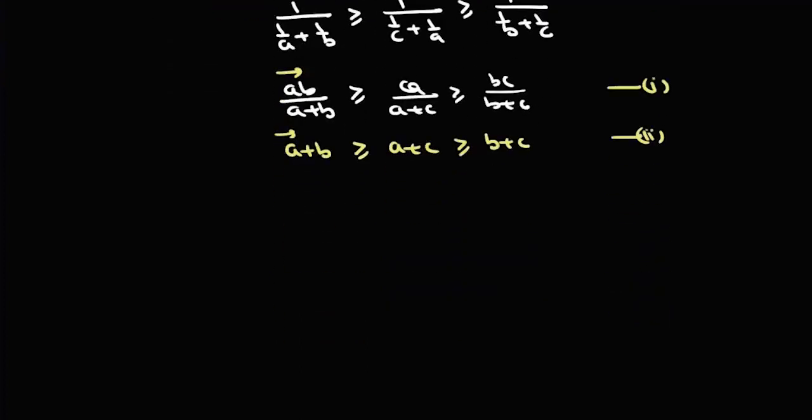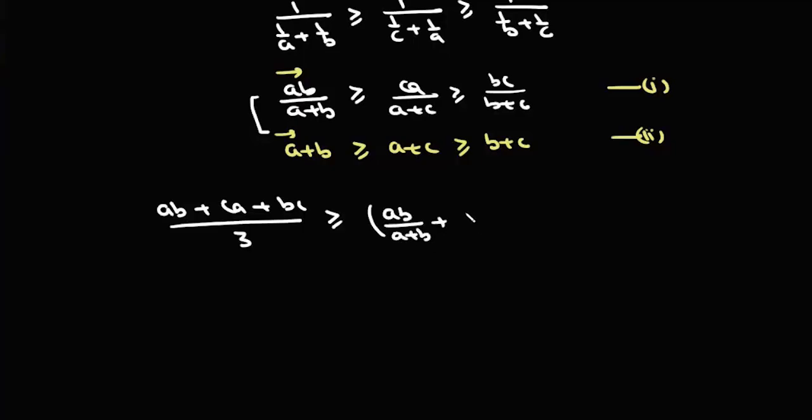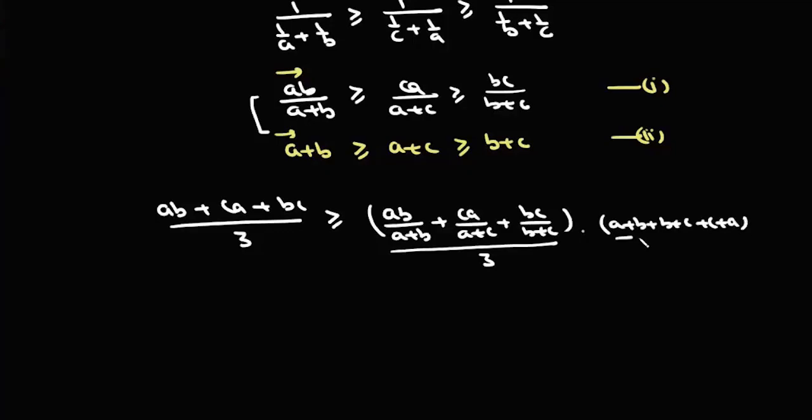Now Chebyshev's inequality says if we multiply them in the same order, then AB plus CA plus BC upon 3 will be greater than or equal to AB upon A plus B plus CA upon A plus C plus BC upon B plus C by 3 into A plus B plus B plus C plus C plus A upon 3. Now here this 3 and 3 will cancel.